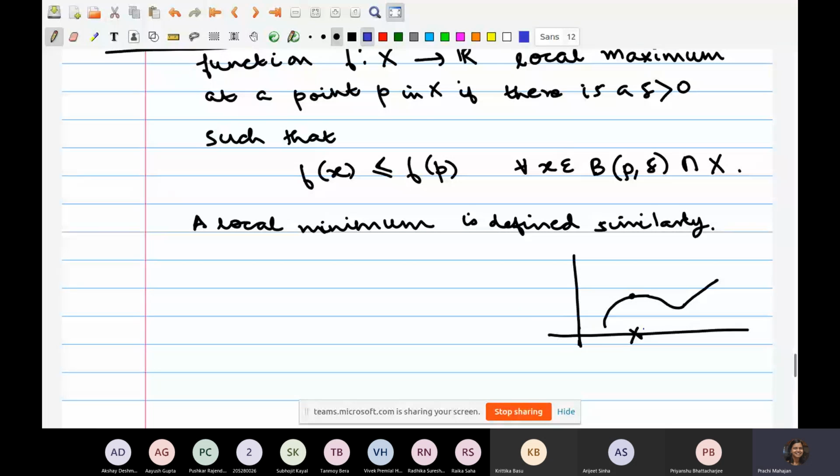So let's label this point as P1 and let's label this point as P2. And so what can you say about the points P1 and P2 in terms of the definitions that we have just learned?